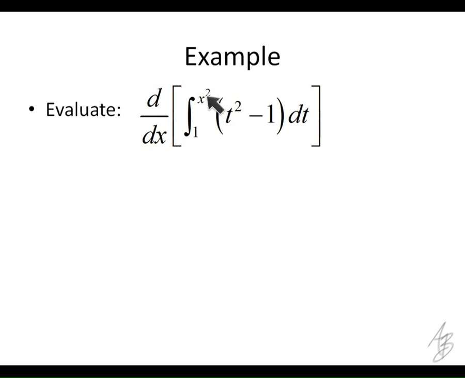So the fundamental theorem of calculus, the formula that we got, and there's a proof of that formula, had an x up there as the upper bound. When we have something besides just x, but we have a function of x, then we do have to use the chain rule here.